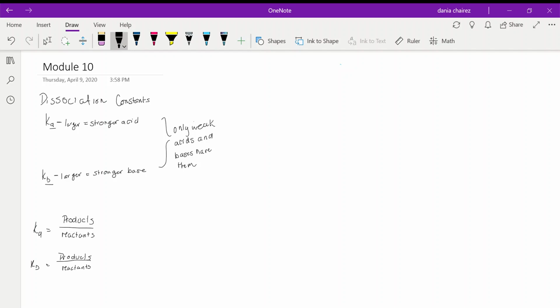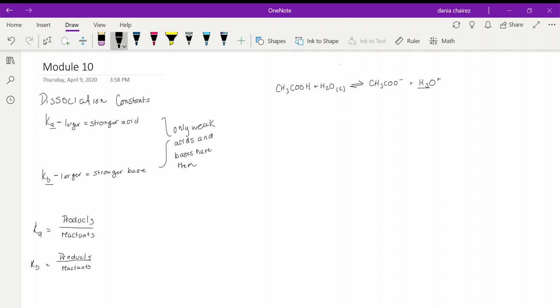So take for instance if I were to give you the weak acid acetic acid, CH3COOH, as I've said like a billion times, I'm so sorry. This is a liquid. The rest of these things are aqueous. I keep forgetting to write them down. So you're going to end up with CH3COO minus plus your hydronium ion.